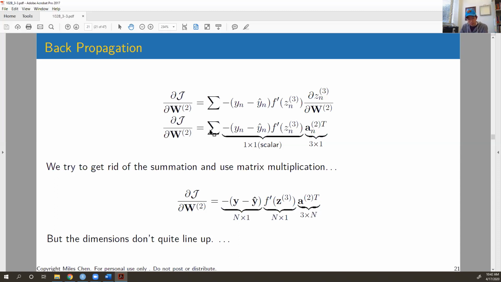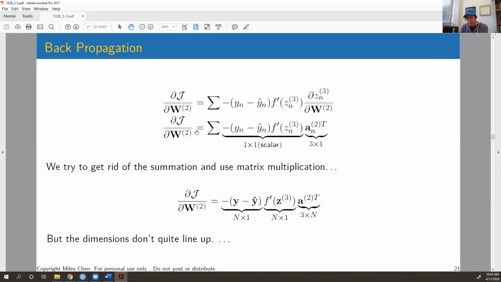Then I want to somehow get rid of this summation, so I can add all of these terms up, because what should the dimensions of the gradient of the loss function J with respect to W2 be? The result should have the same dimensions as W2, which is 3 by 1.